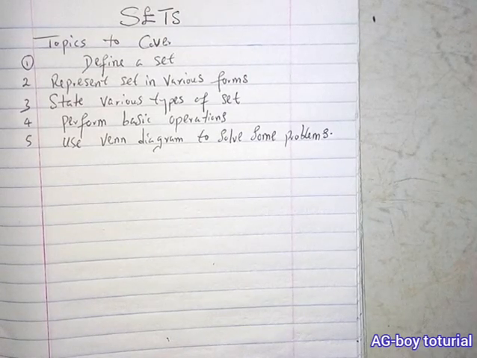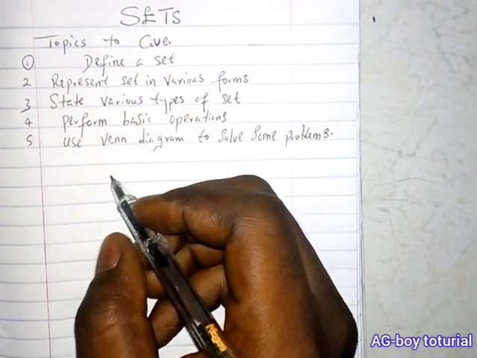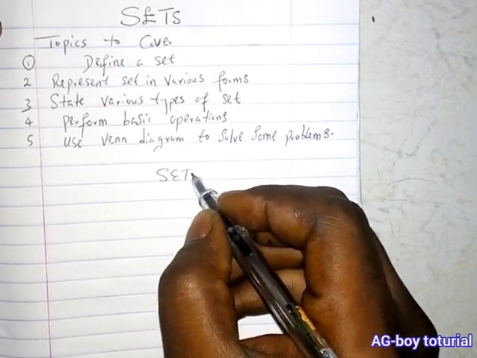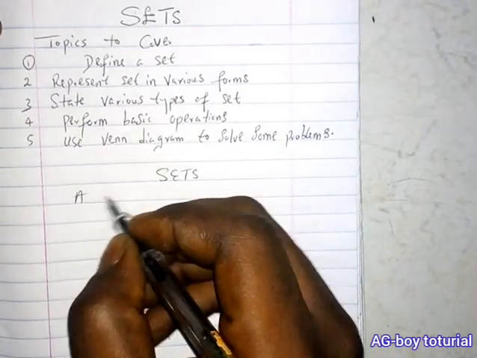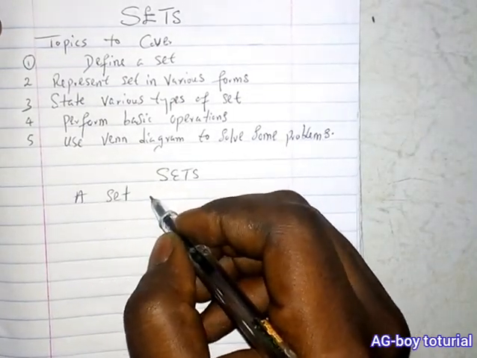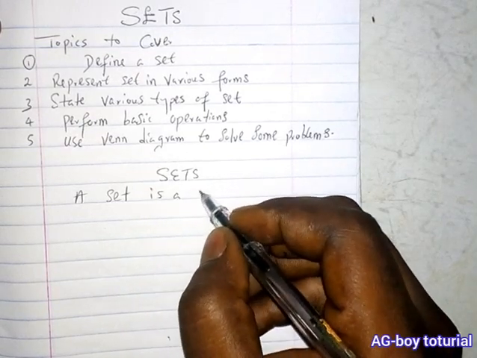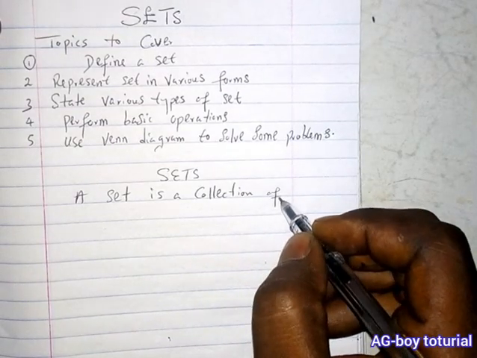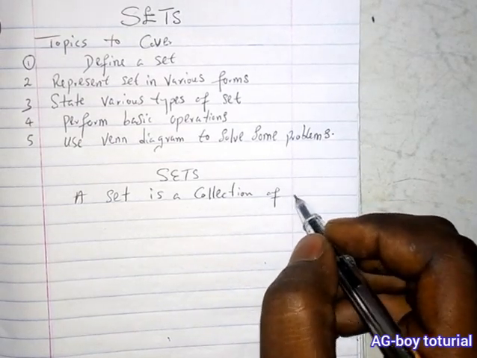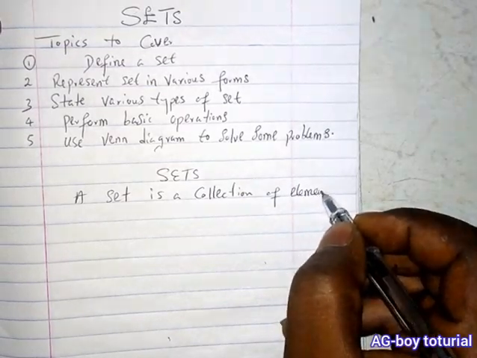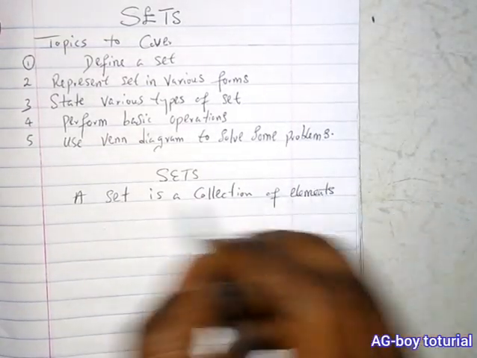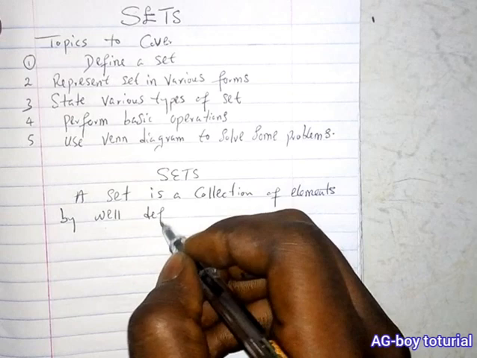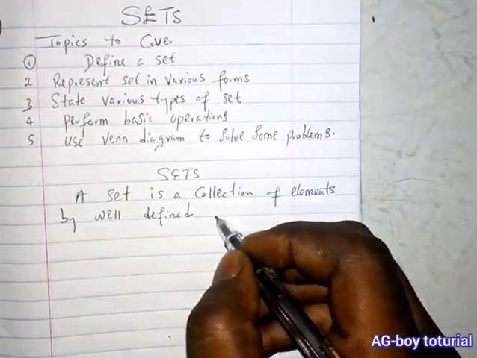Okay, now let's define set. A set is a collection of elements by a well defined rule.